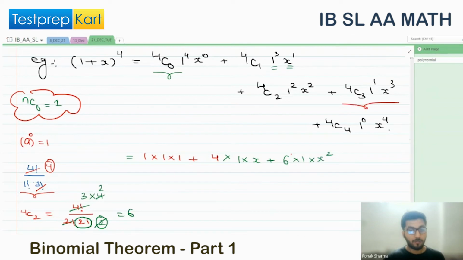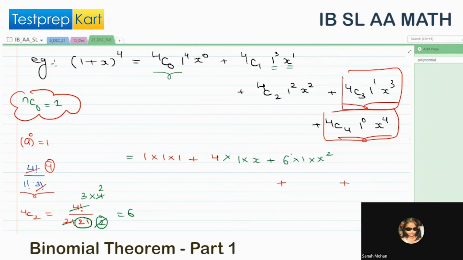Now tell me what will be the last two terms. What will be its value and what will be its value? 4.